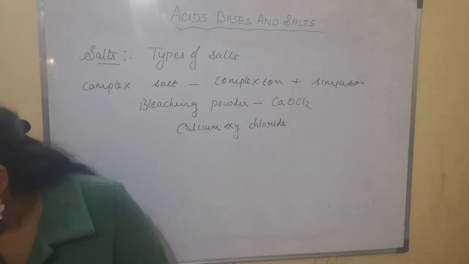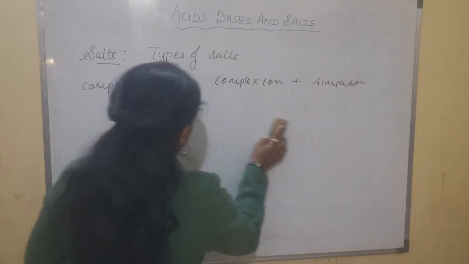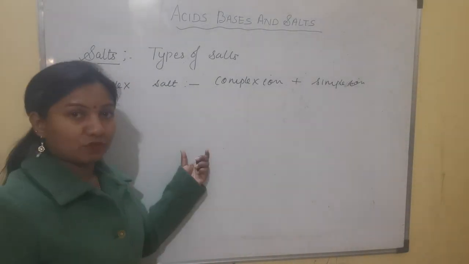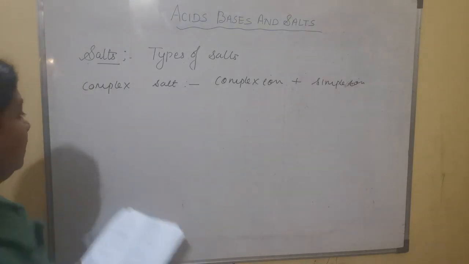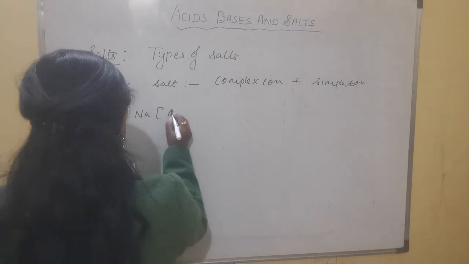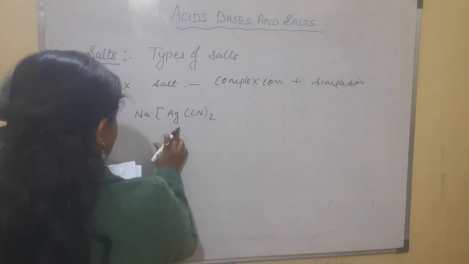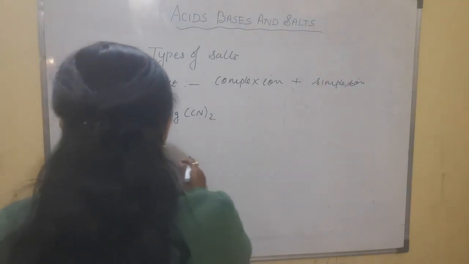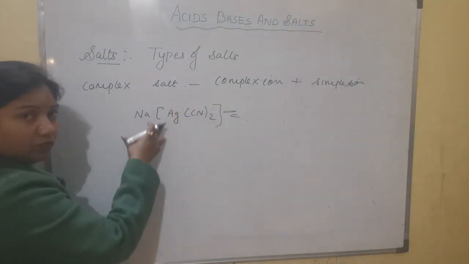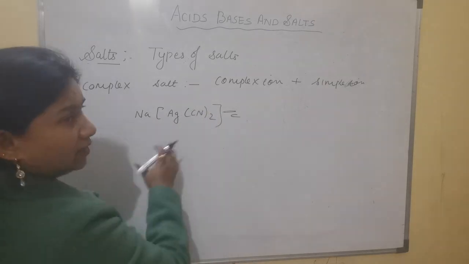Most of the time you will get this type of salt written in square brackets, so you can easily guess what type of salt it is, like Na[Ag(CN)2]. This CN is the cyanide group, and Ag is silver. Whenever you get this type of compound written in square brackets, just guess that it is an example of a complex salt.